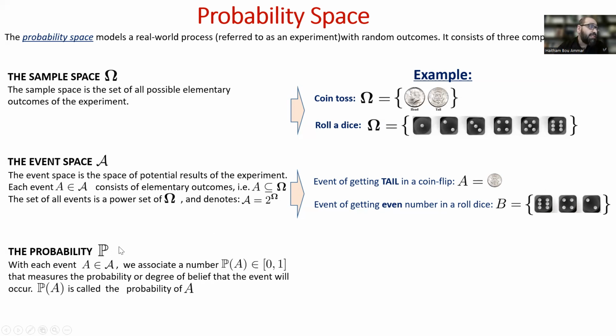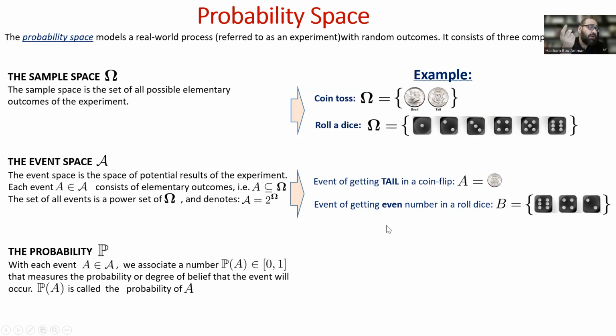So in other words, we have a sample space, which is all the possible elementary outcomes. We have the event space, that is the space of potential results, like an even number in a roll of dice, or a tail or head in a coin flip. And now the probability is a number we will give every event.